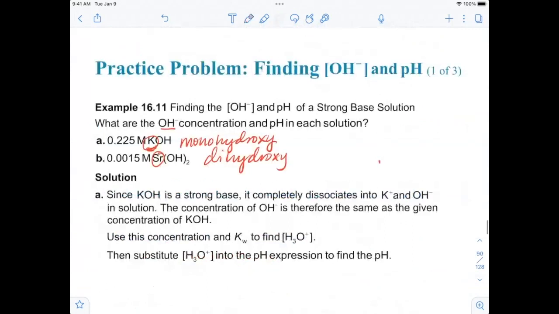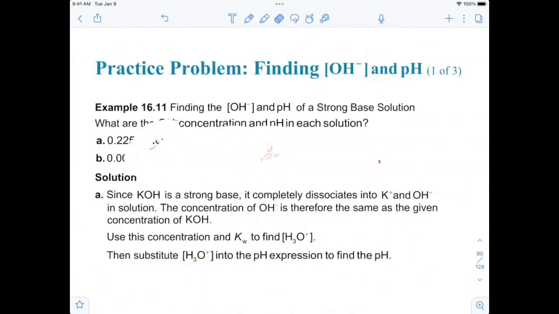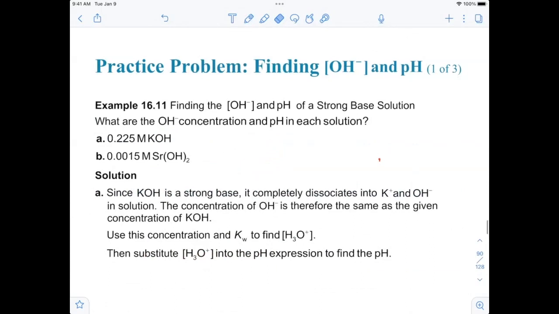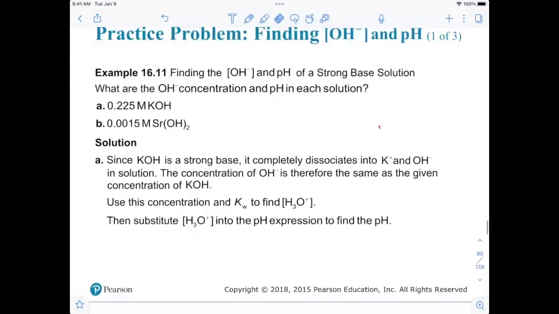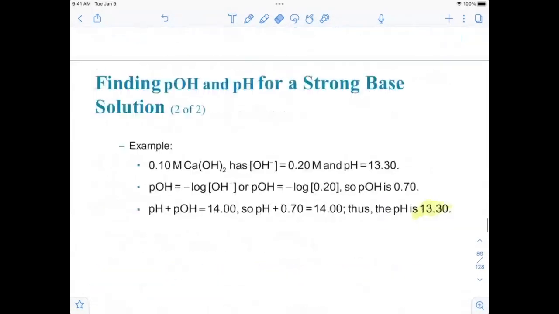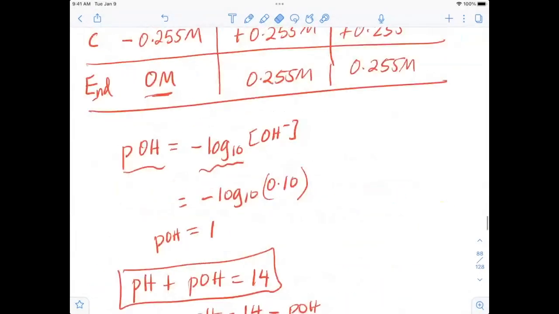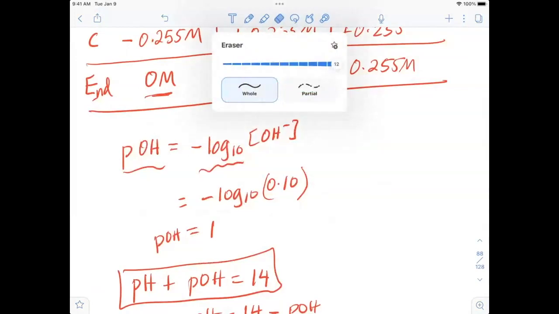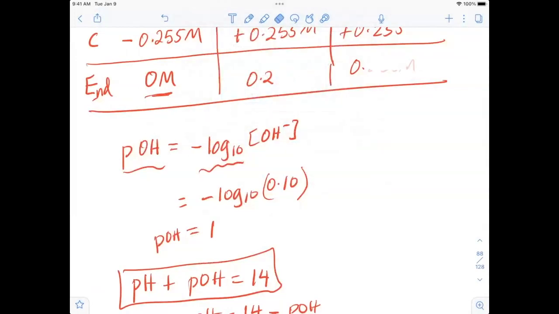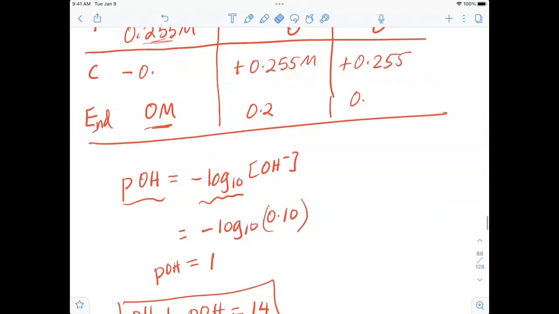I'm gonna be working this one out here. So this number here is gonna be 0.225, right? Then I got 0.0015. Okay. So I tried to work this out earlier, but let me just go ahead and erase this part. It's 0.225.